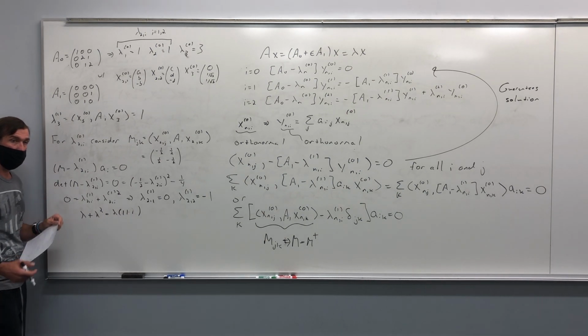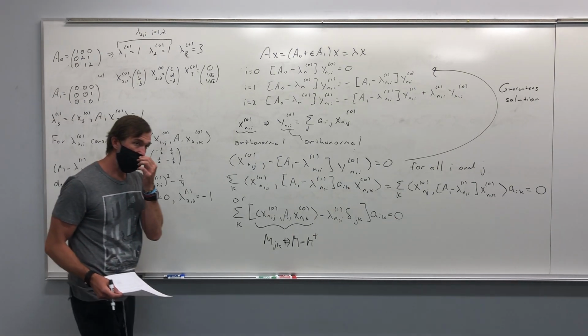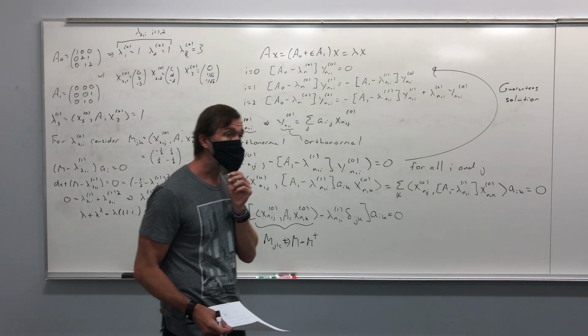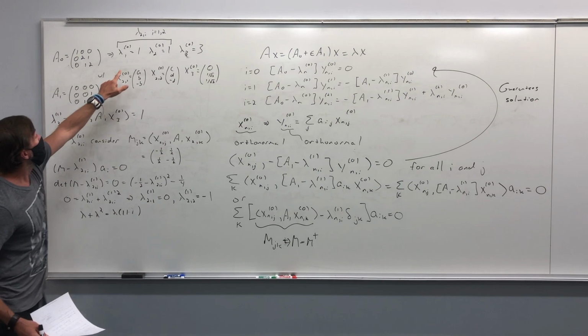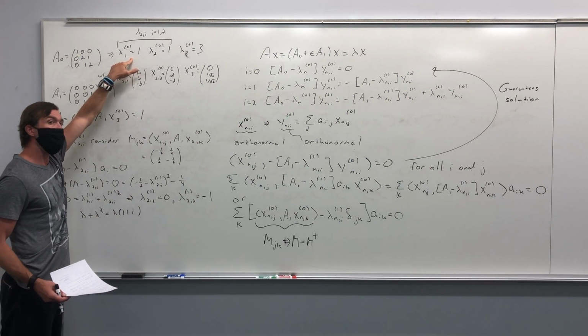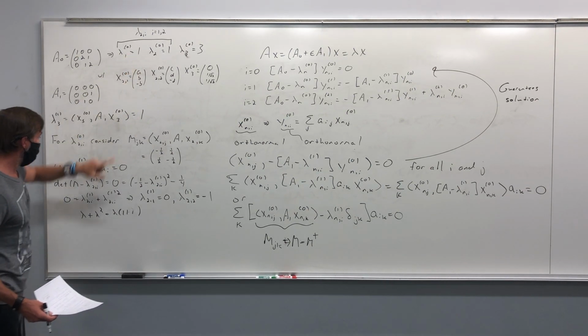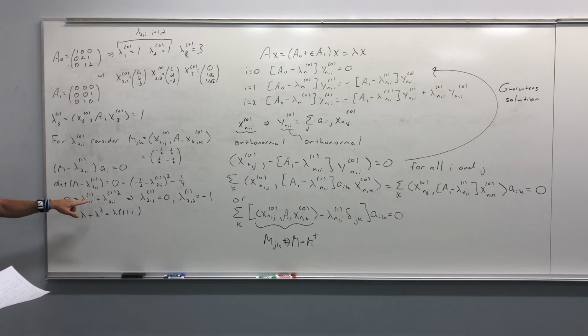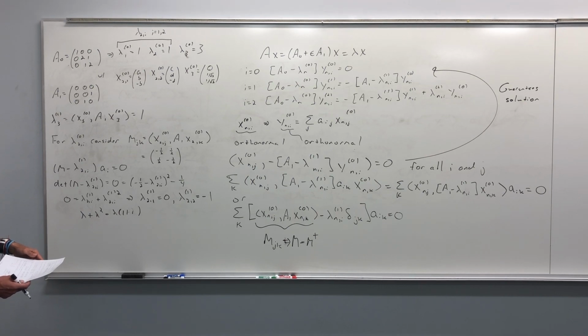Okay? On board? Yes. You just arbitrarily chose which one was lambda 2, 1 and which one was lambda 2, 2? Yeah, sure. That was this assignment up here. Okay, but I mean, like for the first order correction, you also just arbitrarily chose which one was the first and the second correction? How did you distinguish lambda 2, 1 and lambda 2, 2?